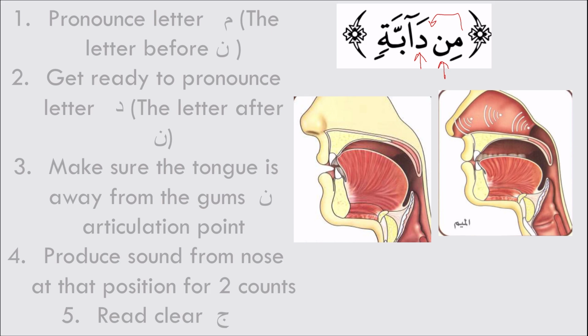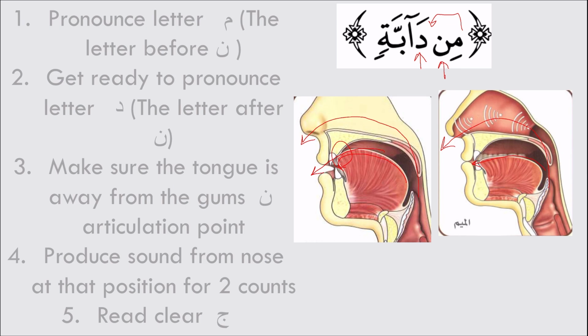So min dabbah, like this. Again, I need to go from the meem sound, which comes from both lips, then dal. The tongue will be away from the noon articulation point, and the sound goes out from this position and that position, and the tongue should not touch the noon articulation point.